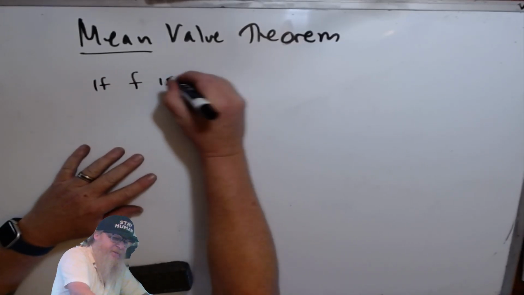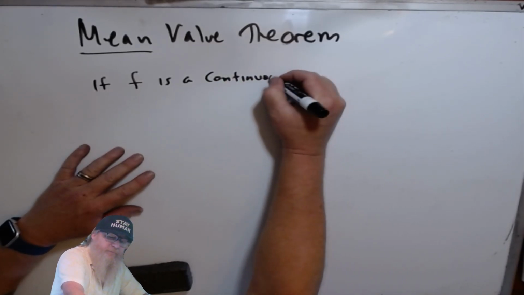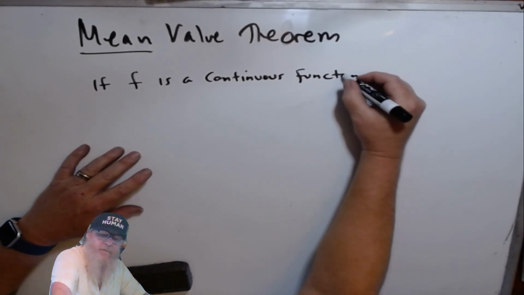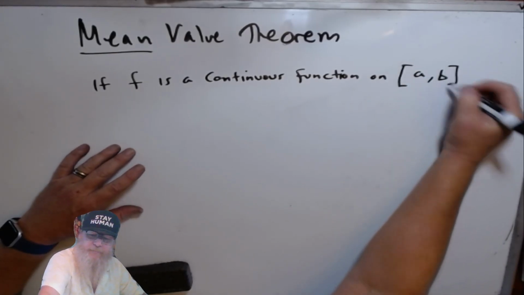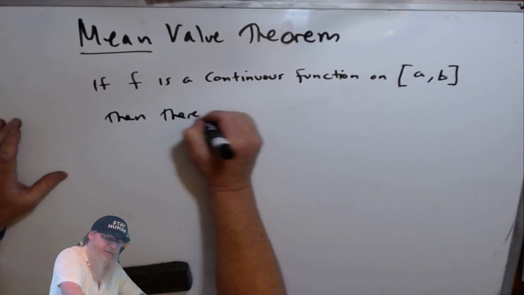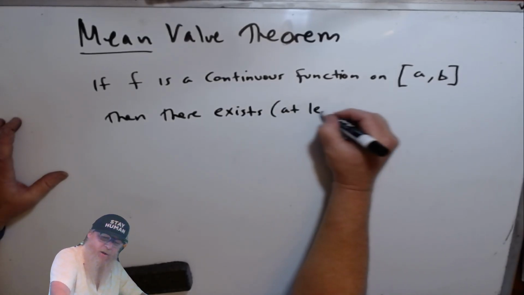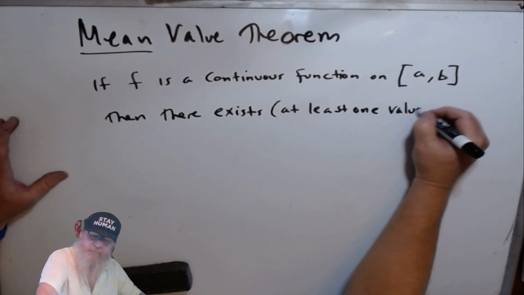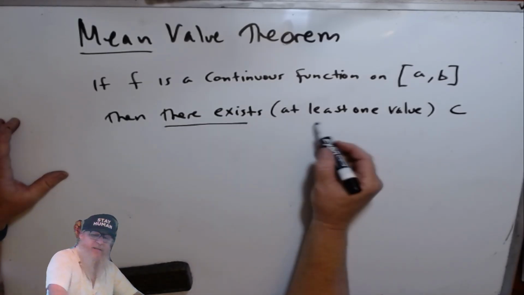If f is a continuous function on the interval [a, b], then there exists at least one c.